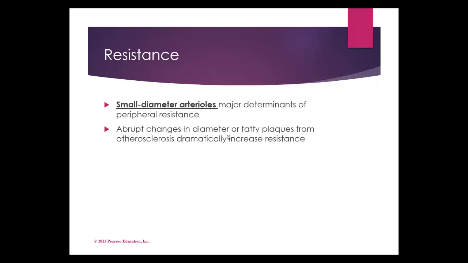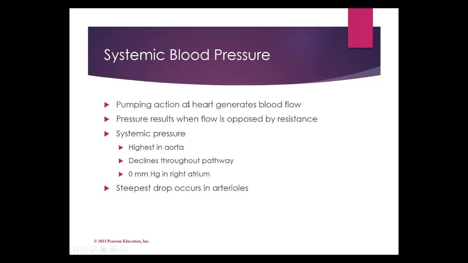If we look at where resistance really increases, it's just before the capillary bed in those small diameter arterioles. It's really important to see that the resistance to flow really stepping up is in those arterioles. We'll look at a diagram of that in just a minute.